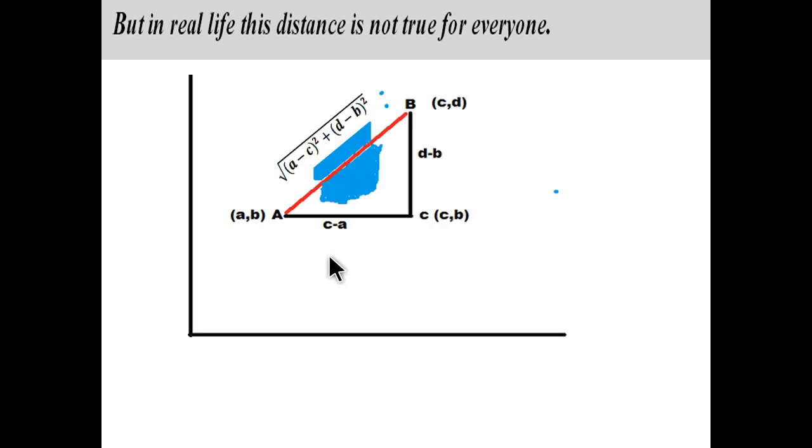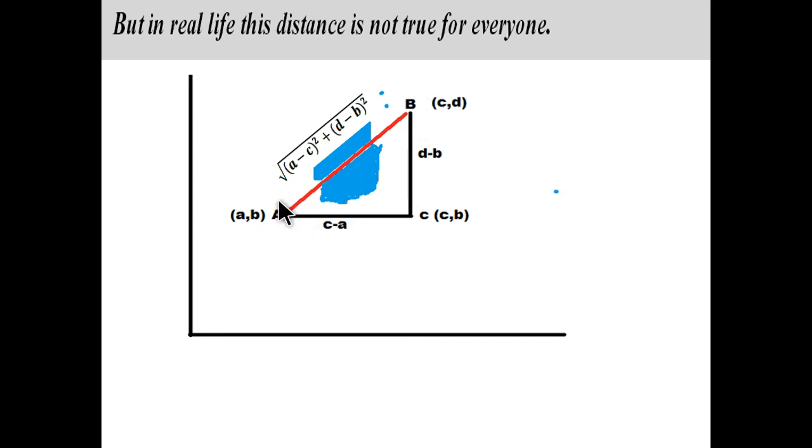But this is not true in real life for everyone. Look at the diagram. Let a crow want to reach point B from point A. Then he can fly from point A to B and his path is AB.